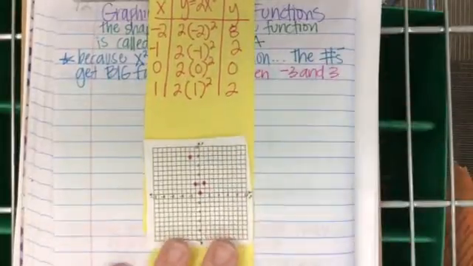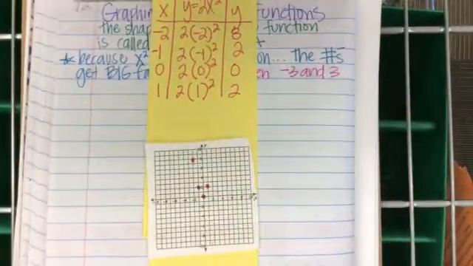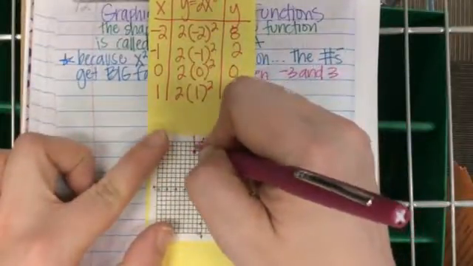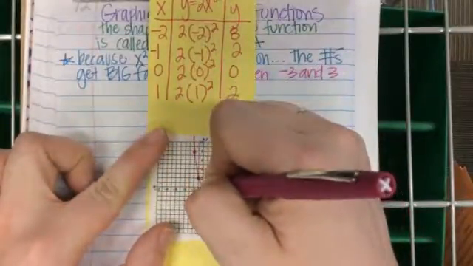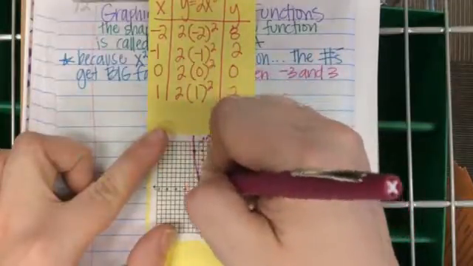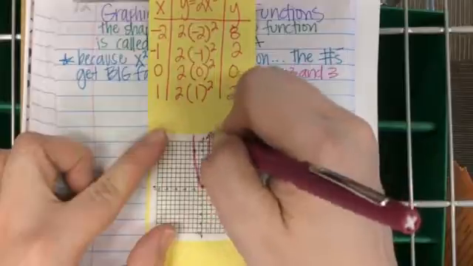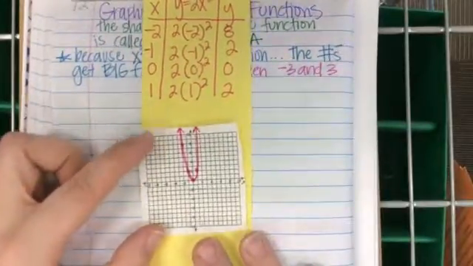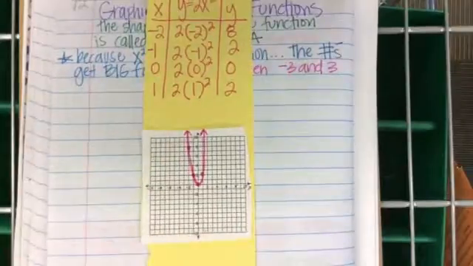Now, parabolas are curved. There are no straight lines in a parabola. So you have to be a little artsy when you're connecting these dots, because it's a U. It's a curved shape.